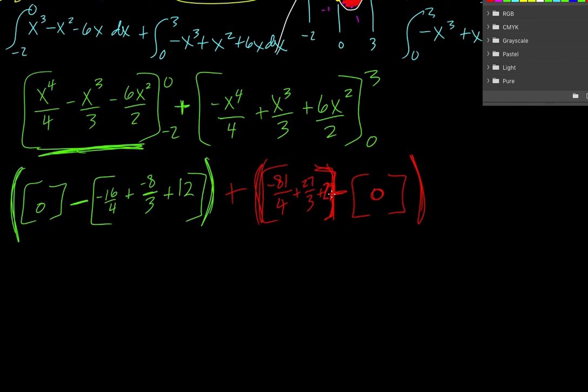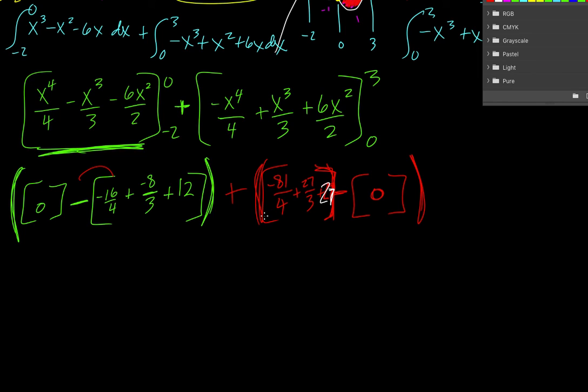So we need to simplify in here, distribute that negative, and simplify in here.